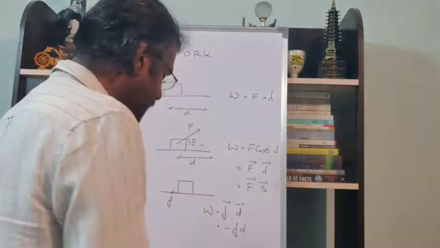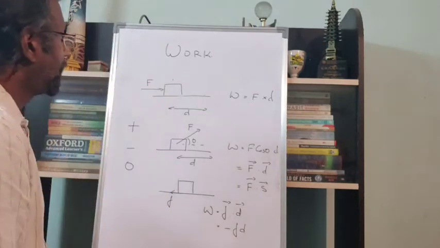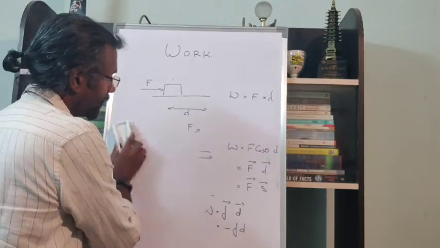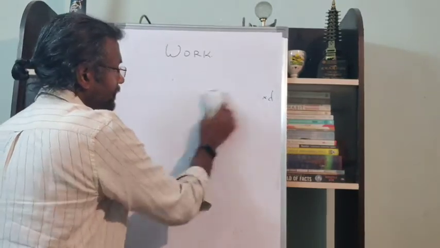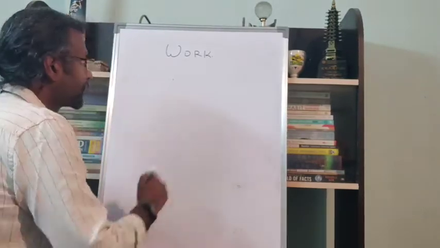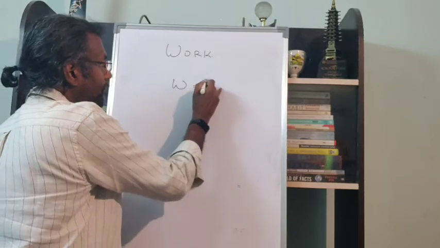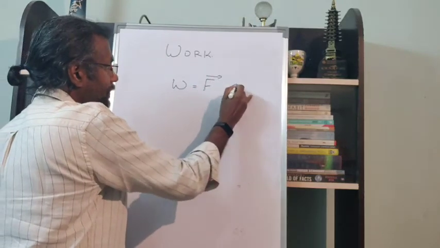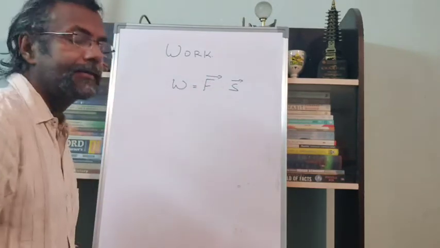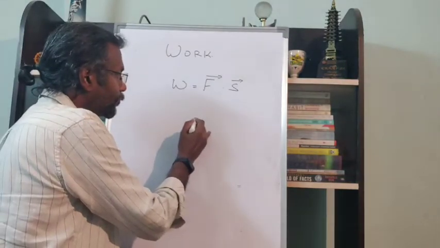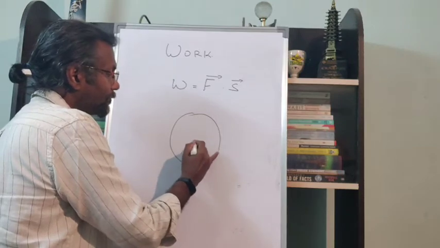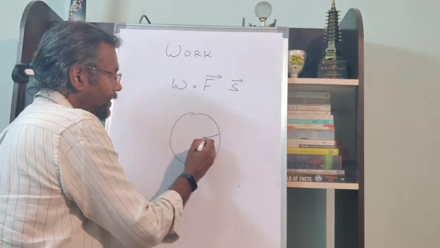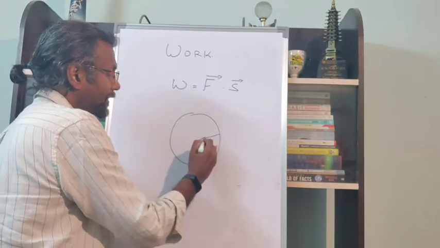Now, there's another interesting case. We know that work is equal to F dot S. Let's say in centripetal motion, a body undergoes circular motion and there's a centripetal force acting.